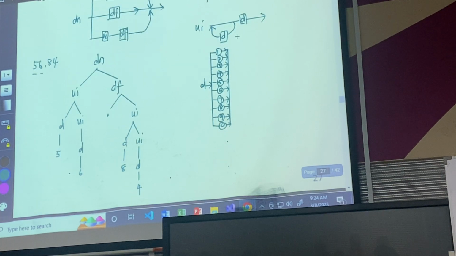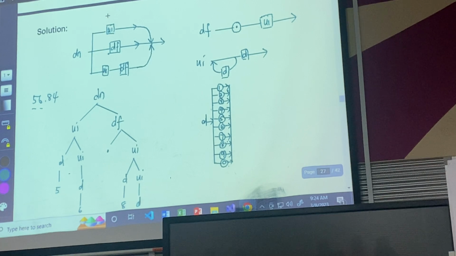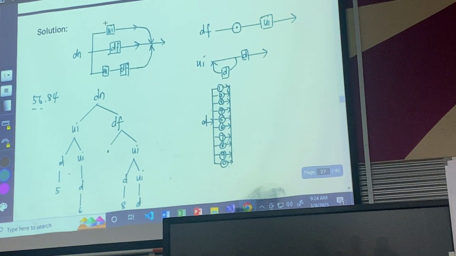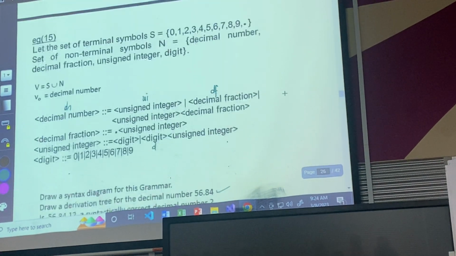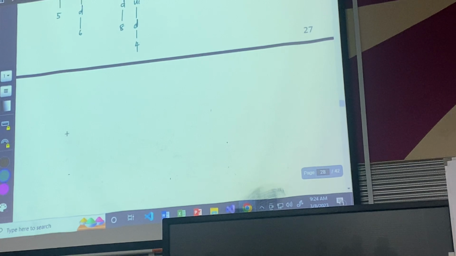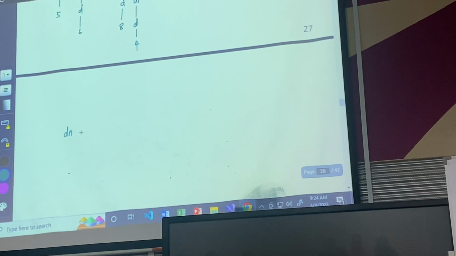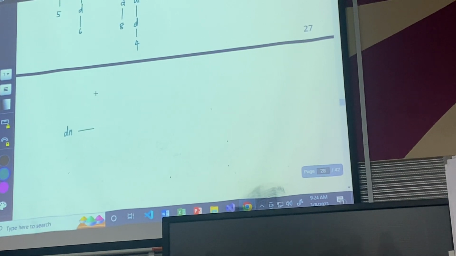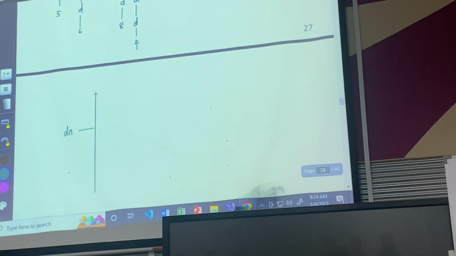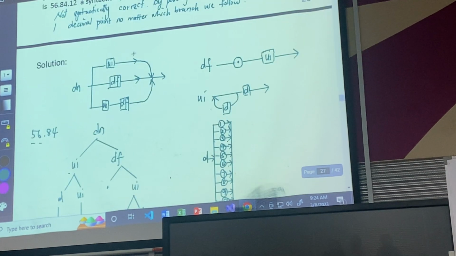Okay? So now try, if let's say we combine this one, the decimal number is the starting point, and after that, in the decimal number here, the unsigned integer, we need to replace it with digit first. Correct? So this diagram becomes decimal number, first one, this first here is unsigned integer.